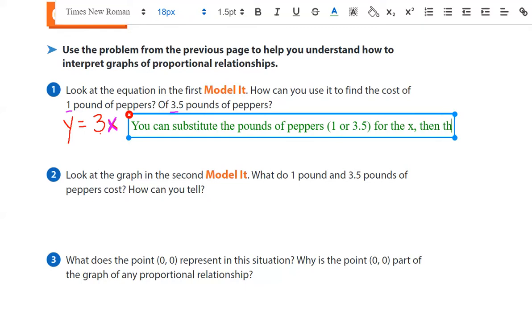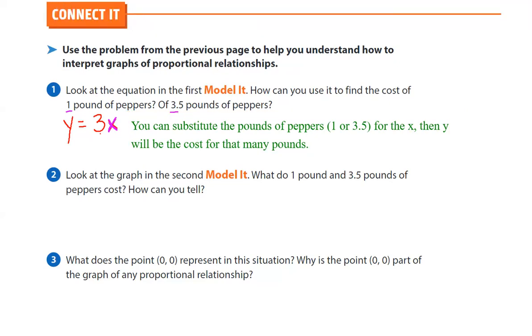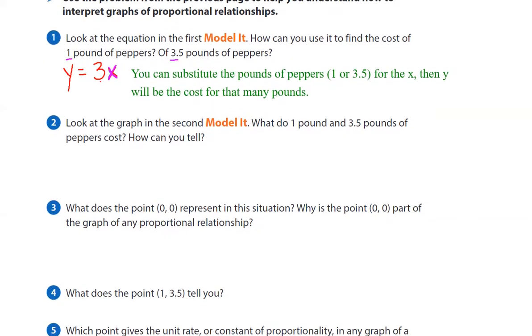Then y will be the cost for that many pounds. There you go. That's how we use the constant of proportionality. That's why, in proportional relationships, it's important to know the constant of proportionality, because all you really have to do is multiply by that.